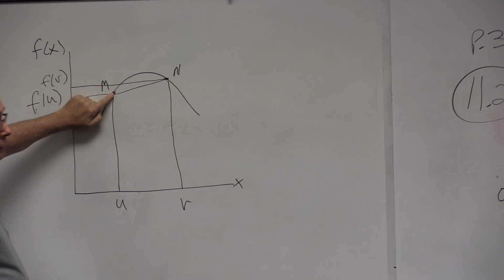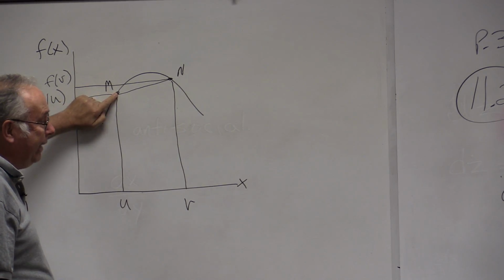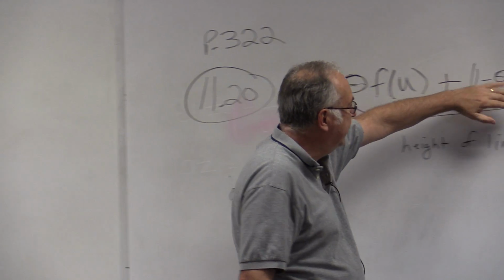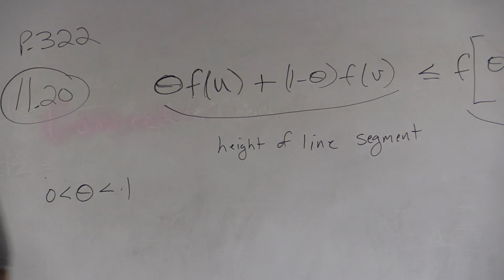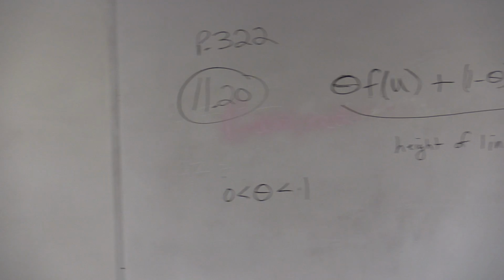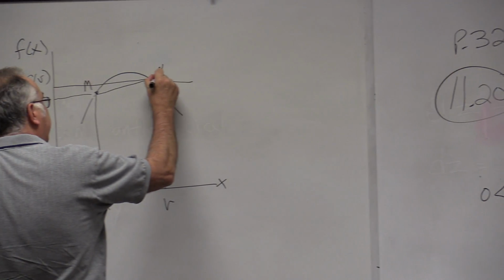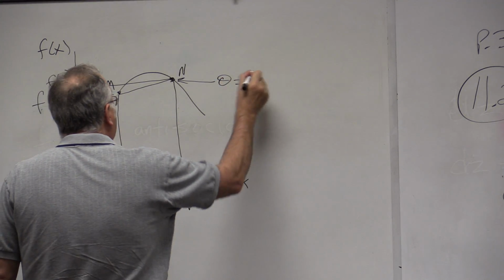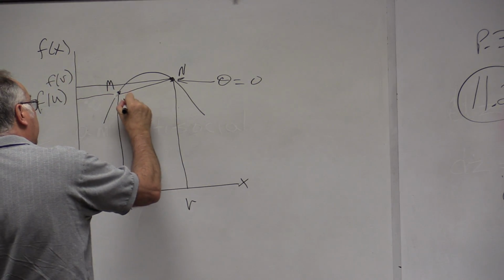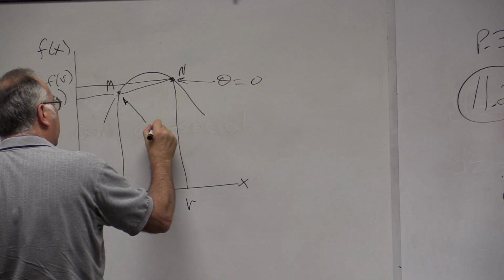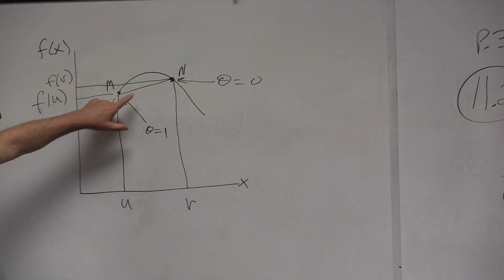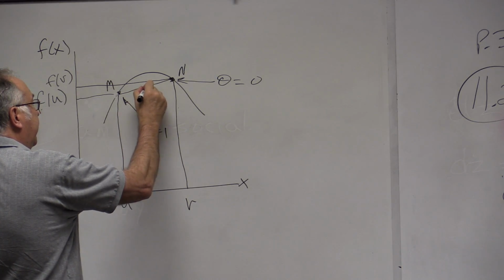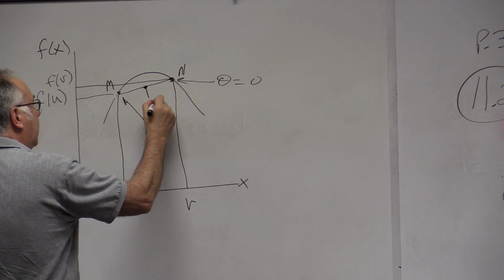On the other hand, if theta is 0, this term drops out, and this just becomes f of v. That's this point right here. So at this point you have theta equals 0, and right here you have theta equals 1. If you're right in the middle, you would be on this midpoint of the line. This would be theta equals 0.5.